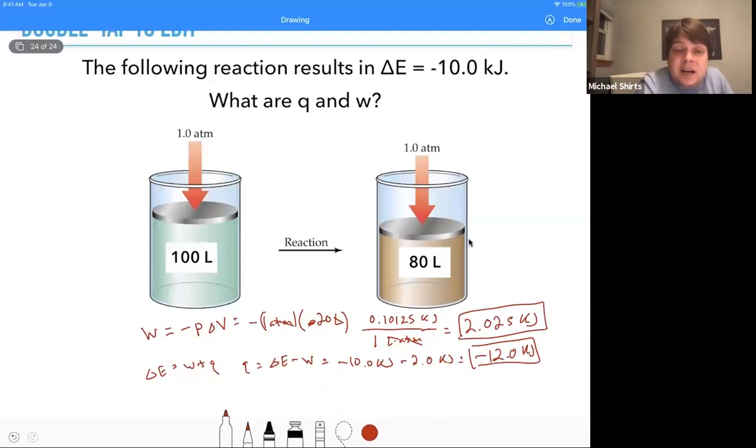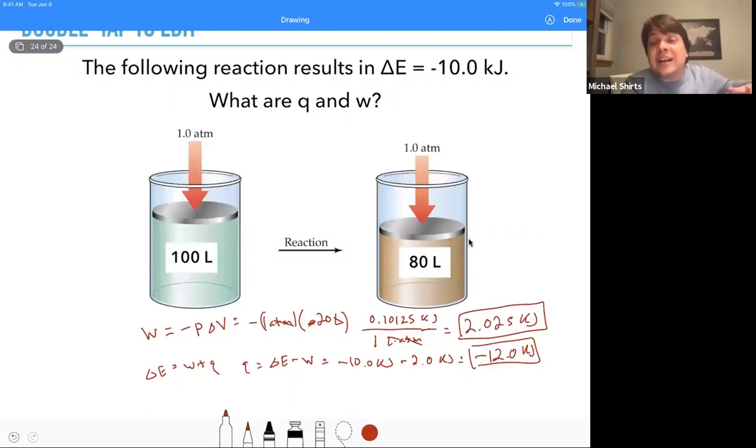We get that the change in energy is just the work plus the heat. A way to rationalize this is we know the energy changed. The energy went down by 10 kilojoules. And the only way for that to happen is for energy to be transferred. Well, the system was compressed, and so therefore more energy was put in.